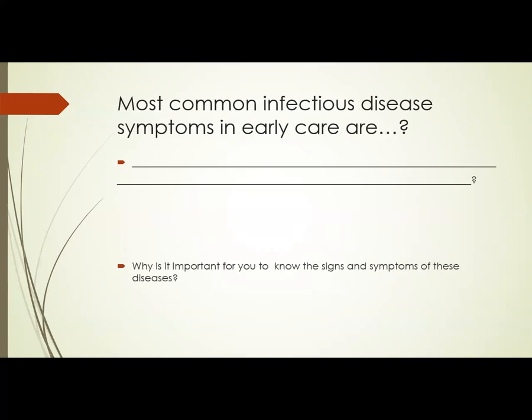In early care settings, one of the most common infectious disease symptoms is respiratory symptoms like coughing, sneezing, and a runny nose. They can be caused by various infectious diseases, from the common cold or flu to something worse. But of course, we hope we stick to cold and flu. There are a few other common infectious diseases, though.